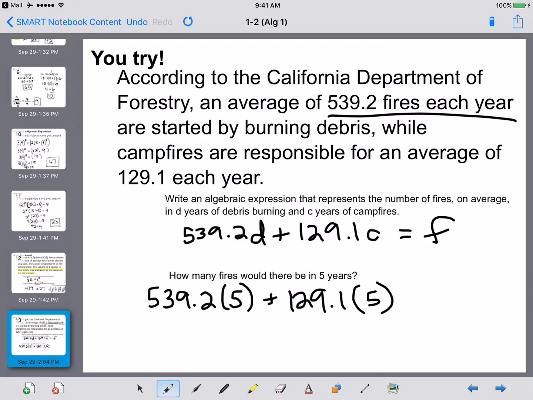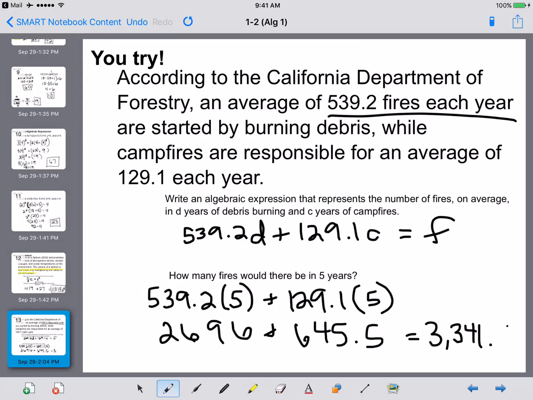So 539.2 times 5 gets us 2,696 plus 129.1 times 5, which gets 645.5. And now all we have to do is add those two together. So 2,696 plus 645.5 gets us 3,341.5 fires on average over 5 years.